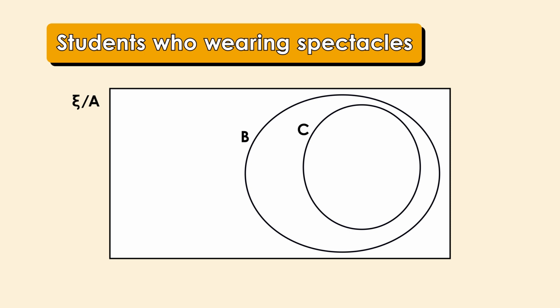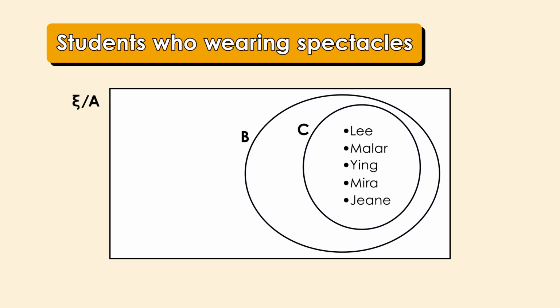Now, list down the names of female students in set C. They are Lee, Malar, Ying, Mira, and Jane. Whereas for set B, the names of students wearing spectacles are all the female students from set C and Jackie.